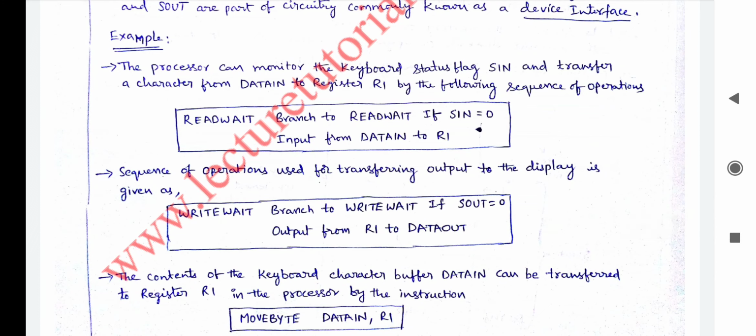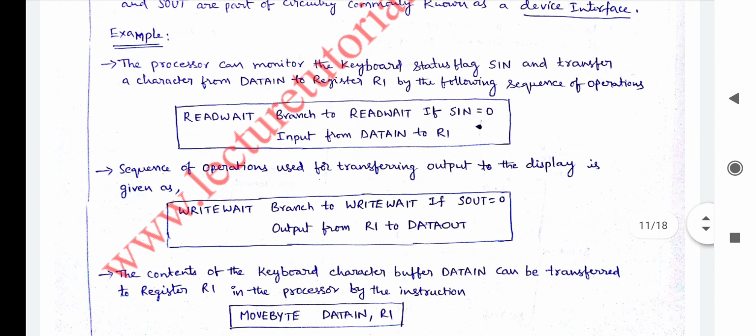For example, the processor can monitor the keyboard status flag S in and transfer a character from data in to register R1 by the following sequence of operations. Read wait: branch to read wait if S in is equal to 0.